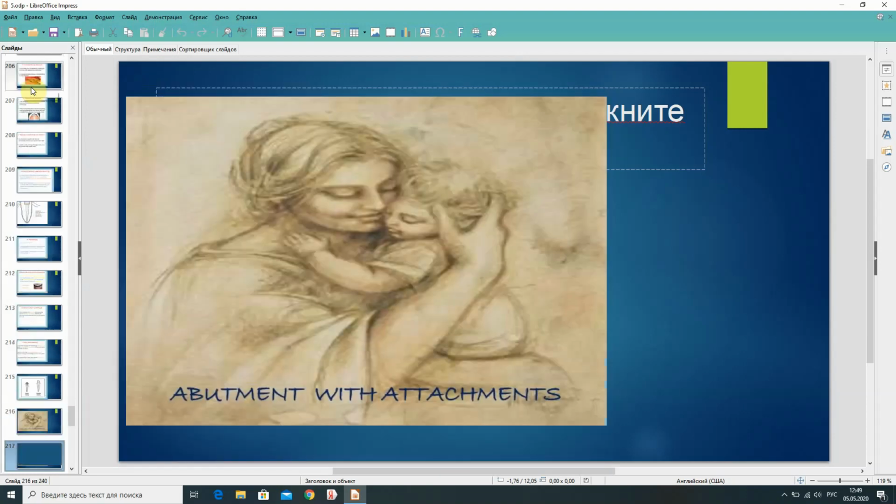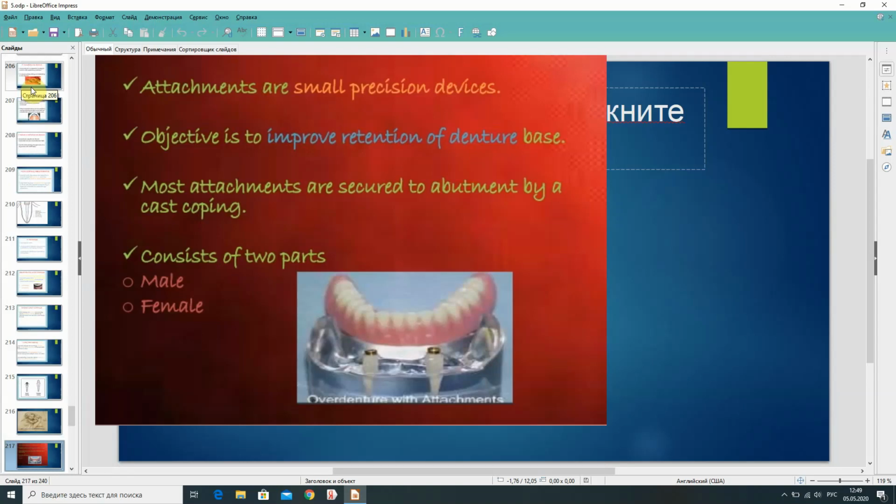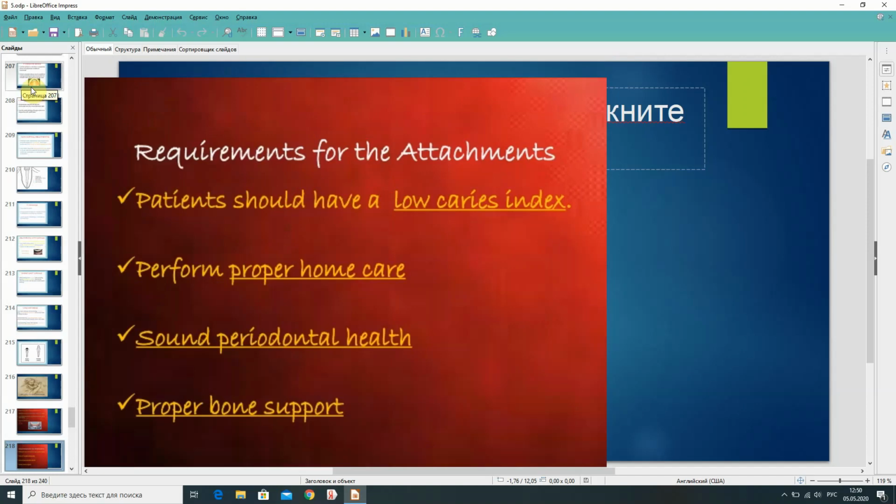Abutment with attachments. Requirements for the attachments: a patient should have a low caries index, perform proper home care, sound periodontal health, proper bone support.